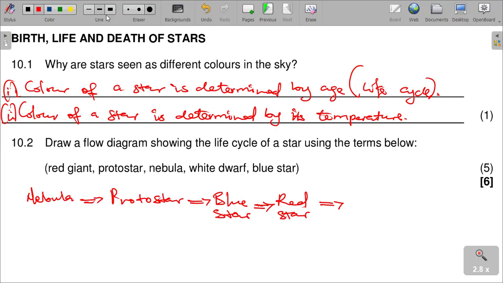And then we have the white dwarf. So that's how a flow diagram showing the life cycle of a star using the terms given here should be: the nebula, the protostar, the blue star, the red giant, and then the white dwarf.